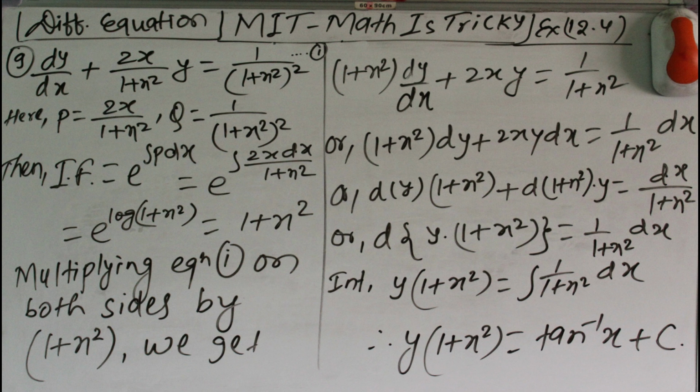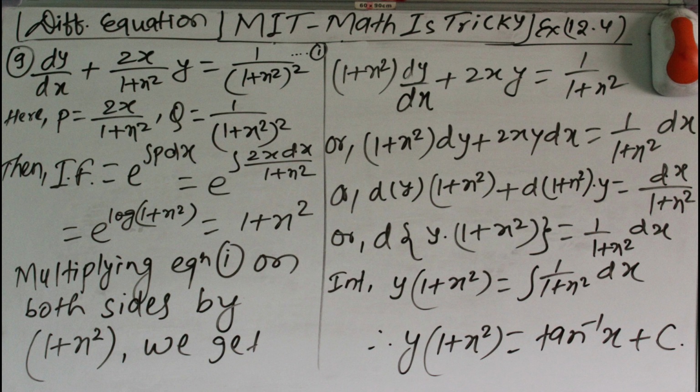Multiplying the given equation by 1 plus x squared on both sides, we get 1 plus x squared dy by dx plus 2xy equals 1 by 1 plus x squared. Now, taking LCM, the left hand side is the derivative of y into 1 plus x squared, and the right hand side will be dx by 1 plus x squared.